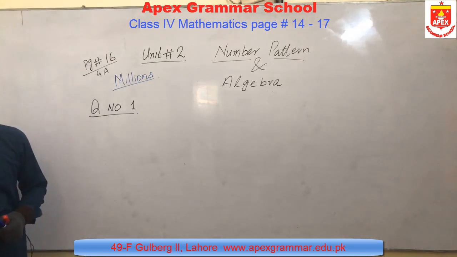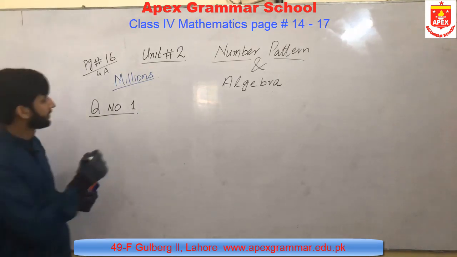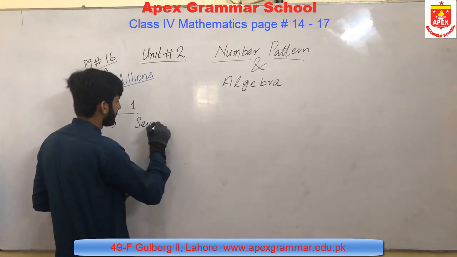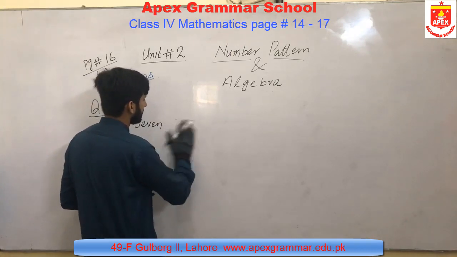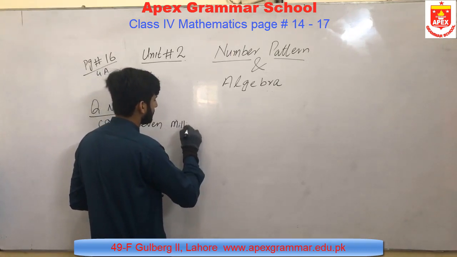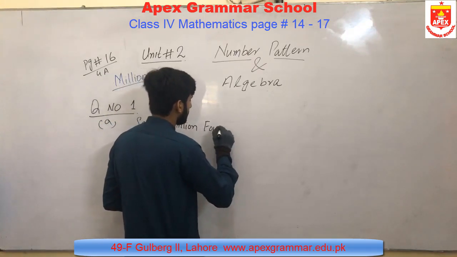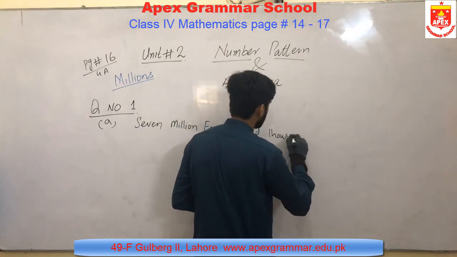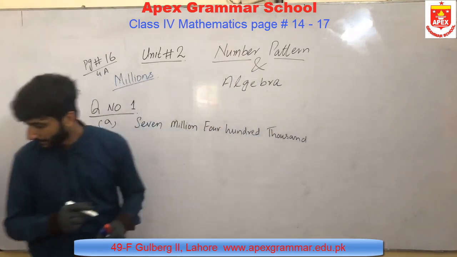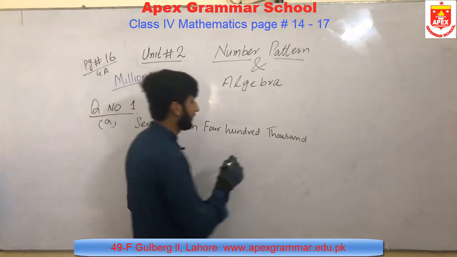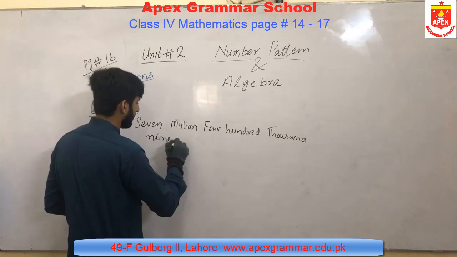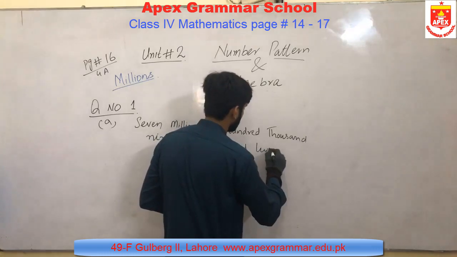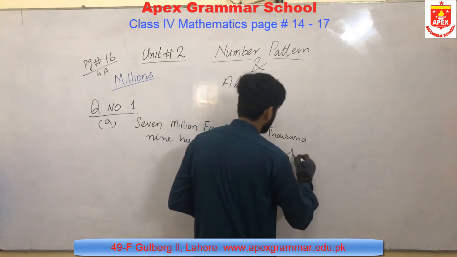First one is A part: 7 million 400,000 925. Wait, 900 and 25.